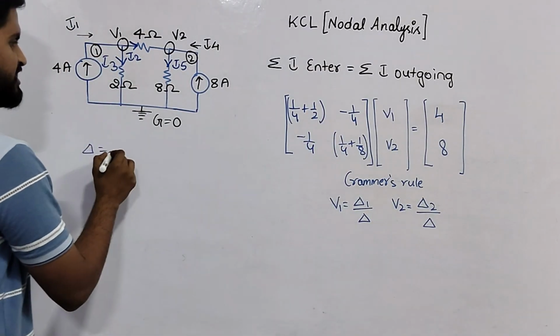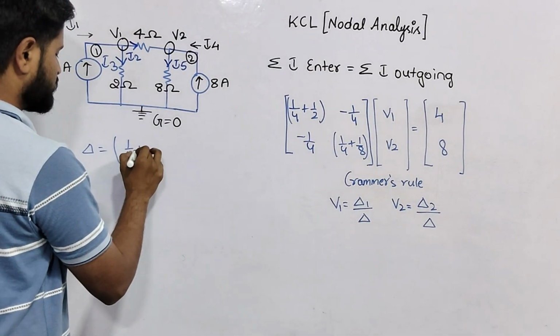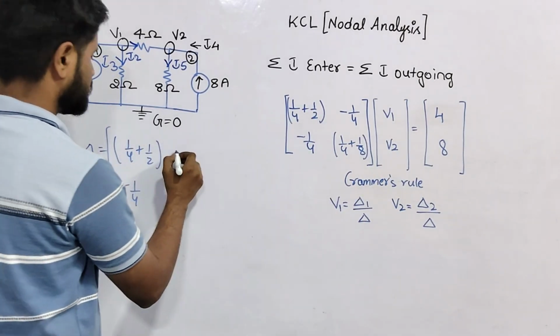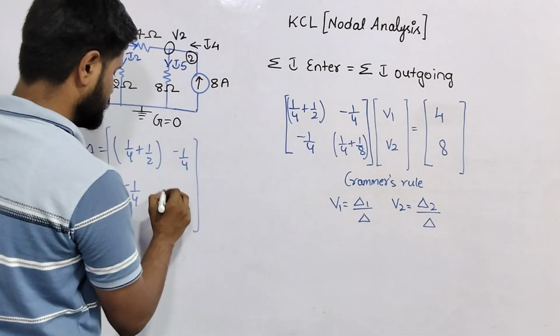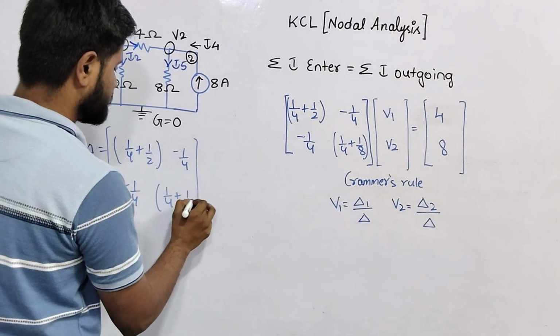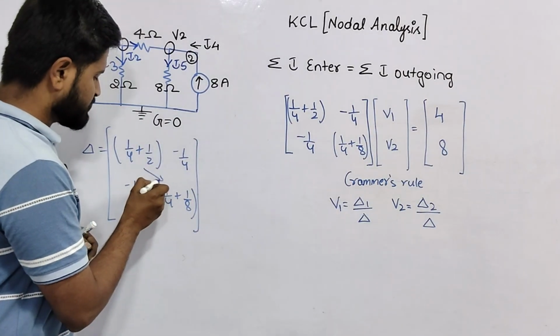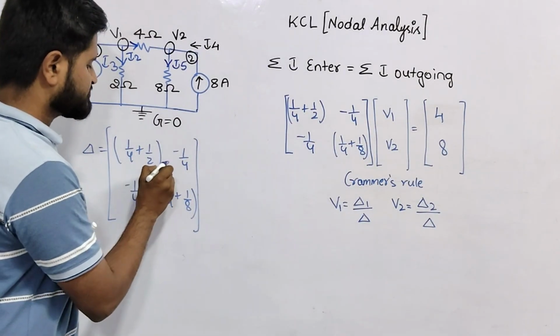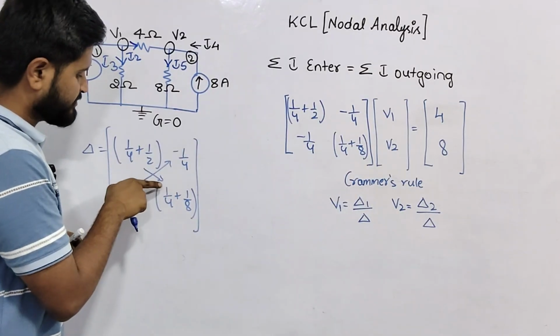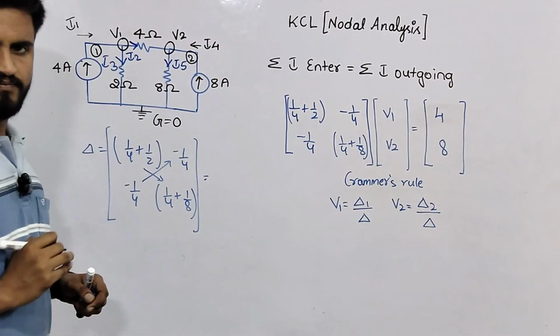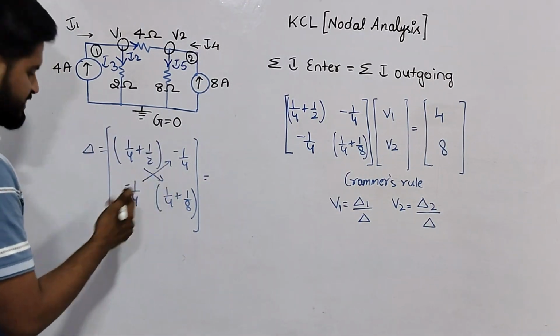Delta means the same matrix that you constructed here. That is, delta will be equal to 1 by 4 plus 1 by 2, minus 1 by 4, minus 1 by 4, 1 by 4 plus 1 by 8. Now how to solve this: just cross multiply, minus these two multiplication, minus these two multiplication, and you will get a value here. You can use the calculator also.